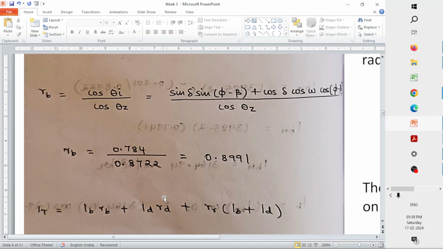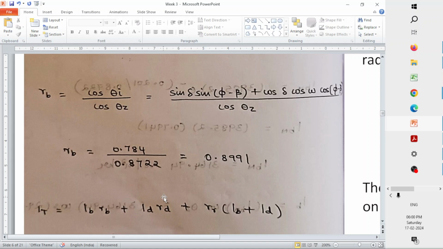So here you know the formula for IT, the total instantaneous solar radiation falling onto the surface of your flat plate collector. That is IB RB plus ID RD plus RR times (IB plus ID).